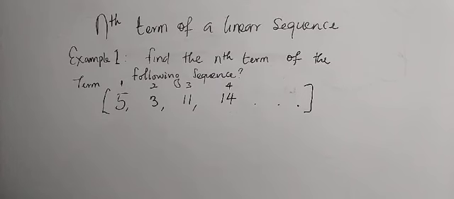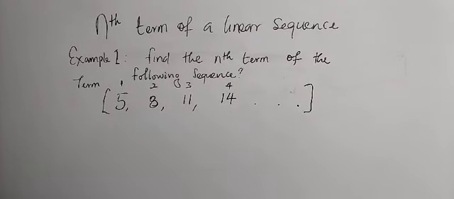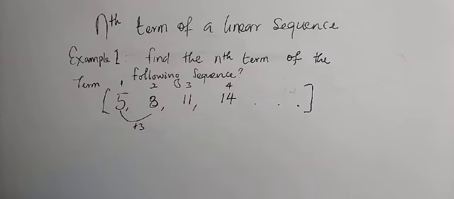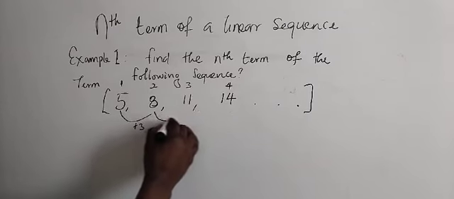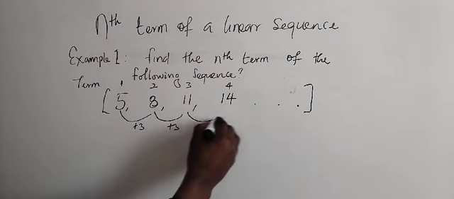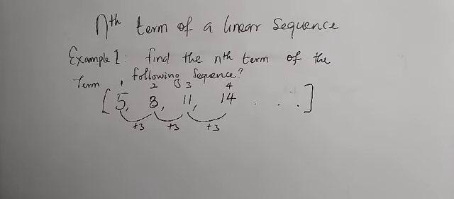The first thing we need to check is, is this going up or going down? Is it increasing or decreasing? As you can see, 5 add 3 gives 8, 8 add 3 gives 11, and 11 add 3 gives 14.